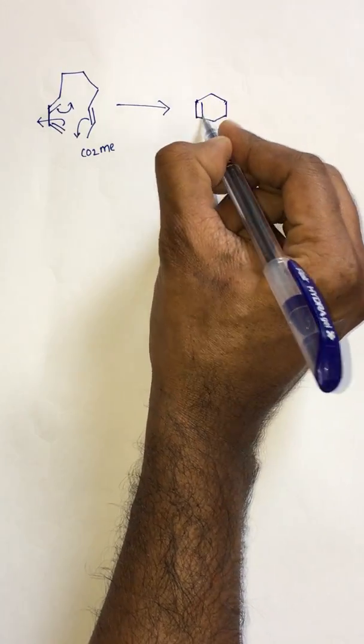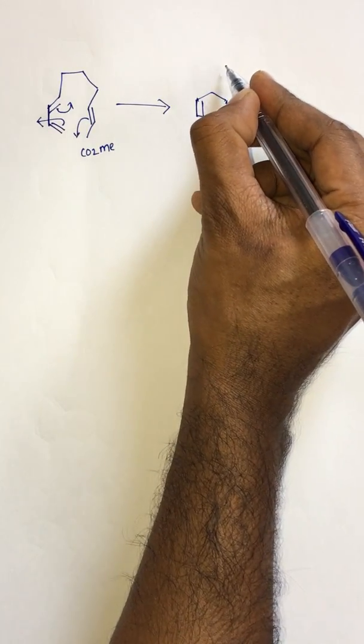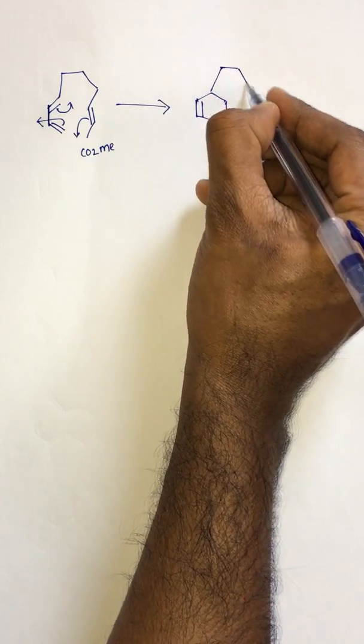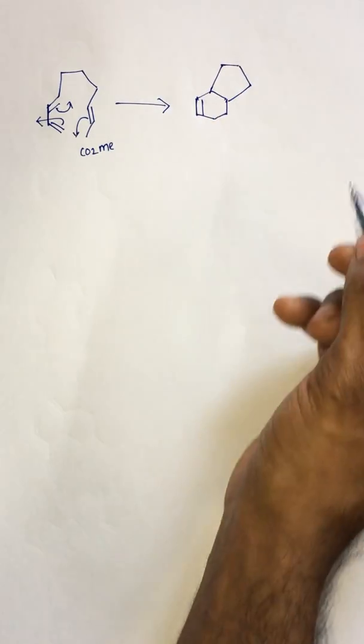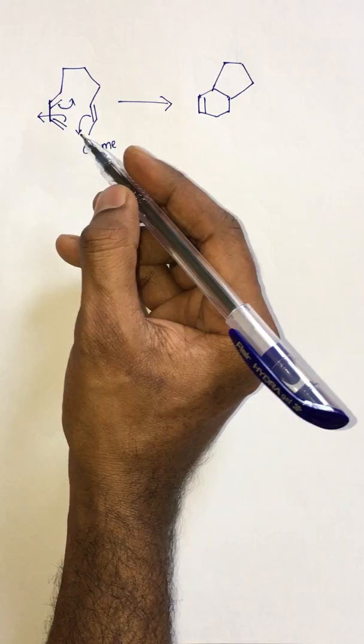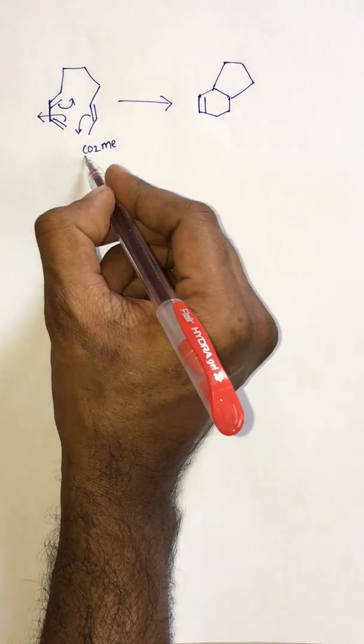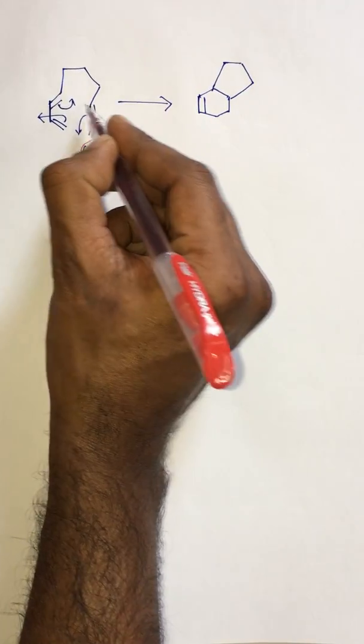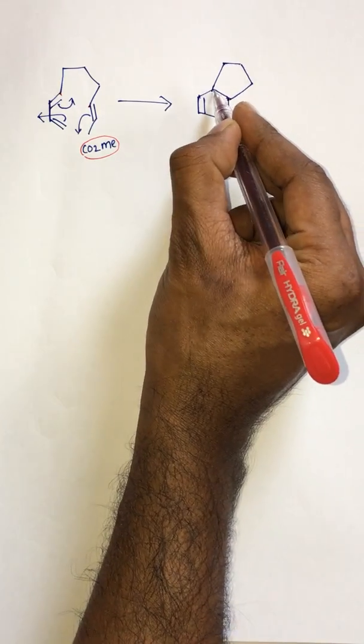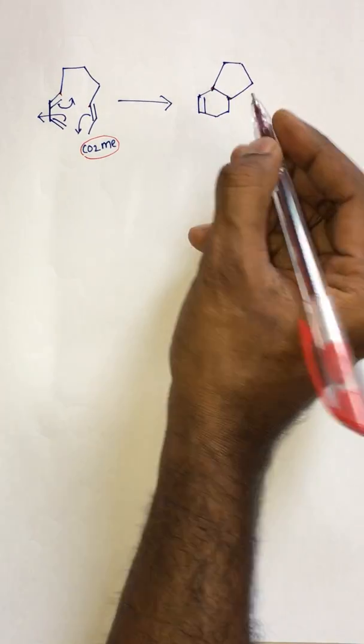The product we will get here, if I remember. Now the stereochemistry of this CO2Me and this hydrogen, because these bridgehead hydrogens are there, this stereochemistry is important.